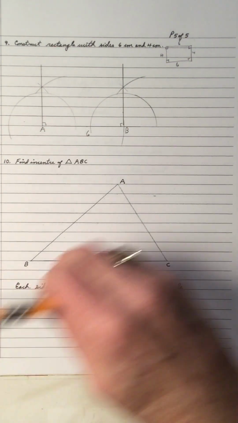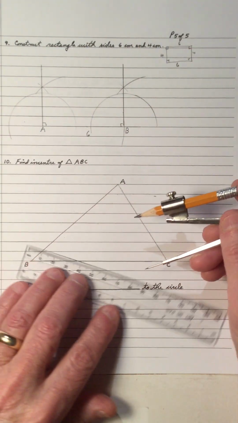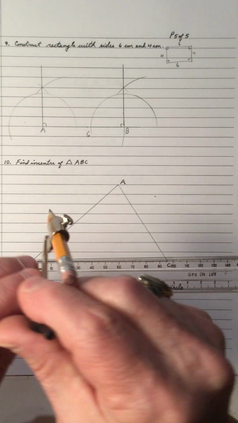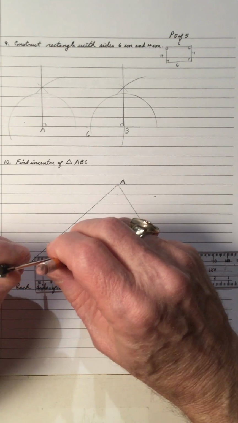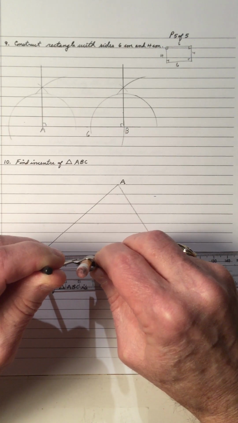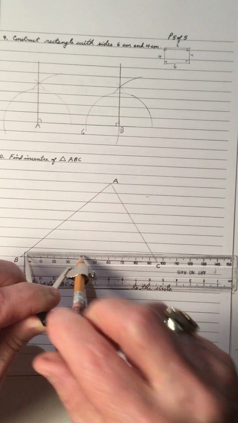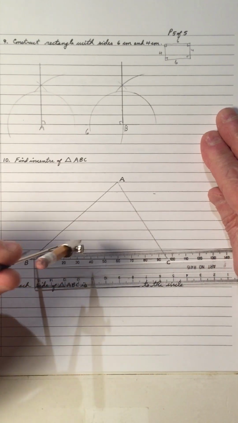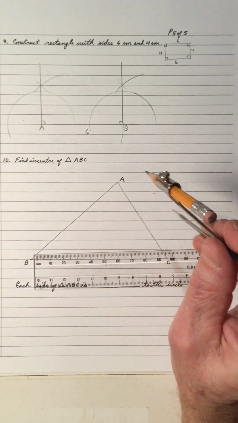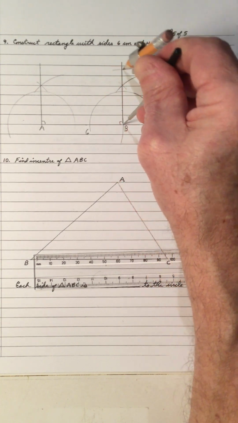The other side is 4, so I'm going to measure off 4 centimeters. Take my ruler, place my compass down, and mark off 4. There's the 4. Oh, paper's moving. Apologize for that. Place it at B and mark out 4.